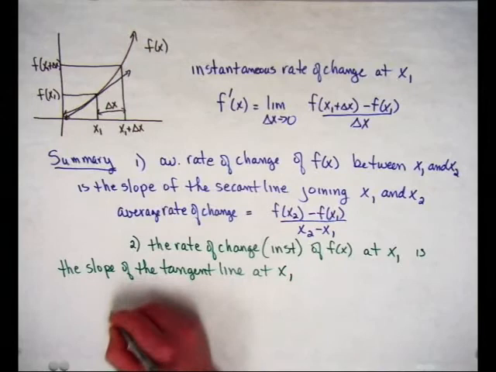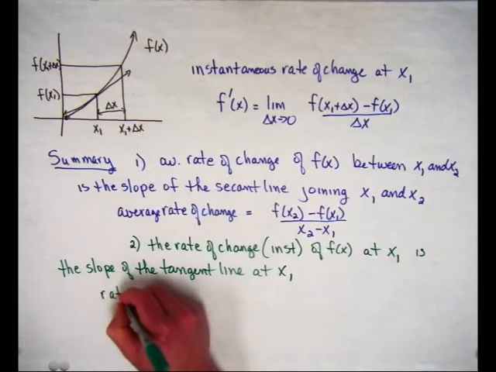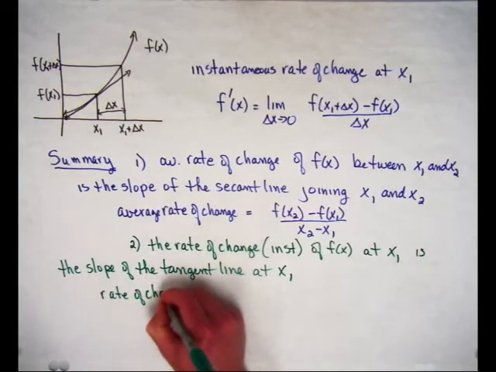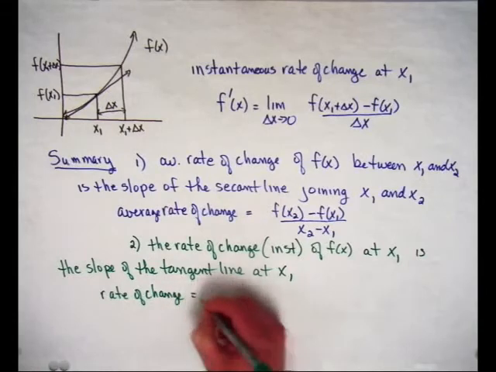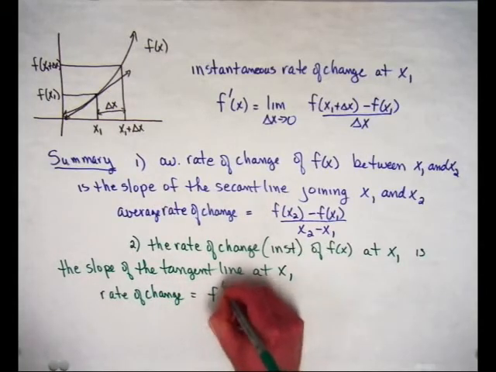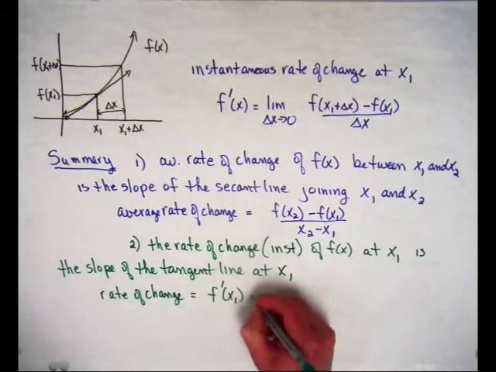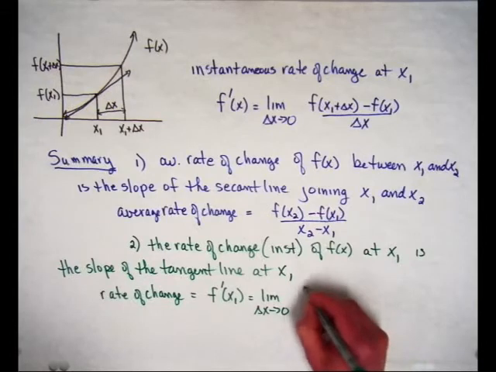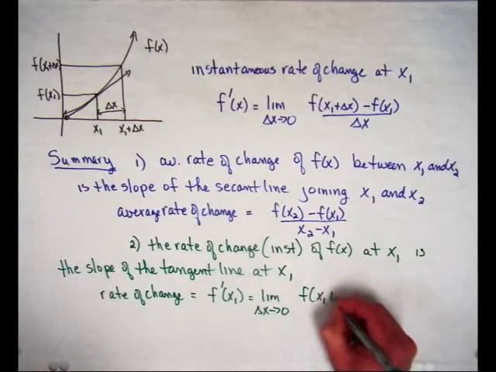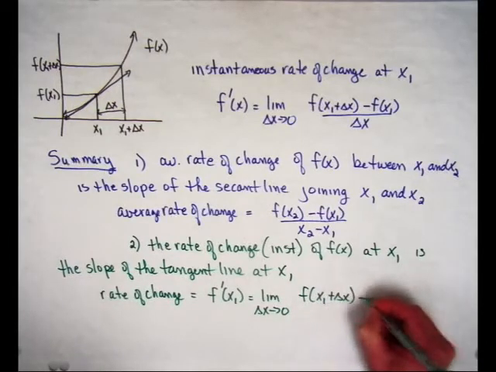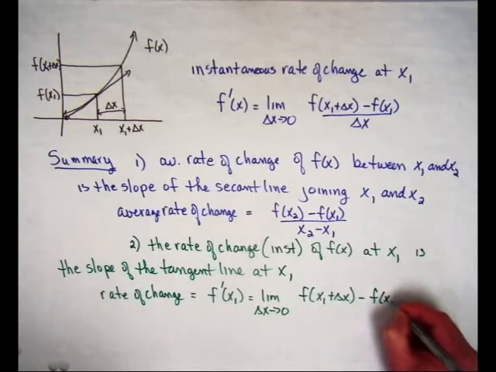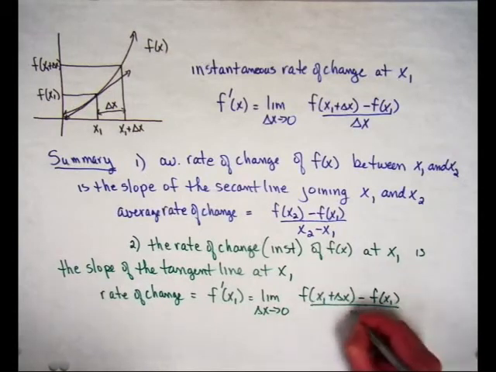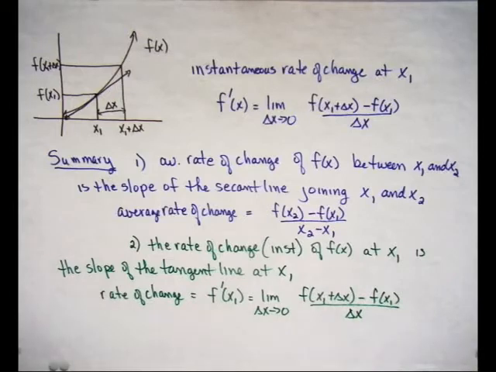And of course, the way we would write that is we would say that the rate of change is equal to f prime at x1, which is equal to the limit as delta x approaches 0 of the function at x1 plus delta x minus the function f at x1 all over delta x.